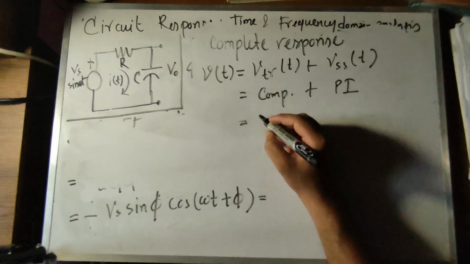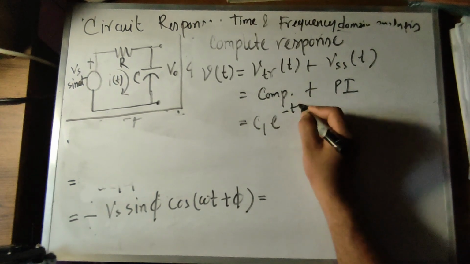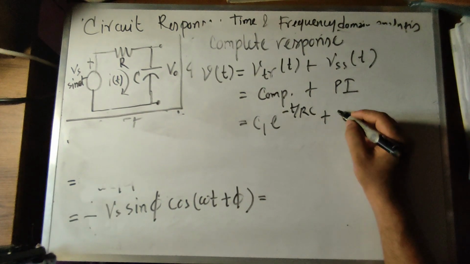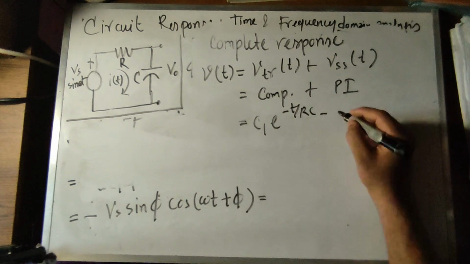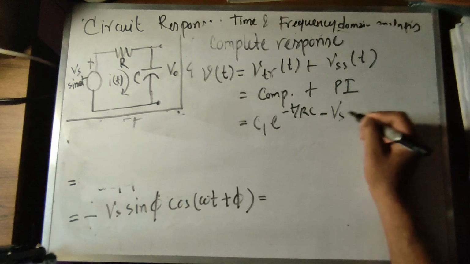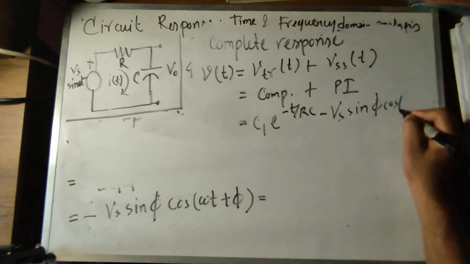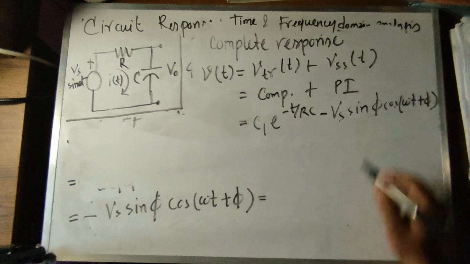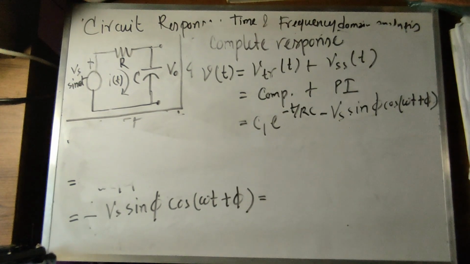We found that the transient response is C1 e to the power minus t by RC, plus the particular integral, which is minus Vs sin phi cos omega t plus phi. Now we have to find the arbitrary constant.